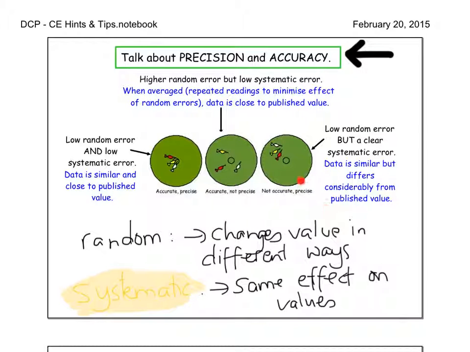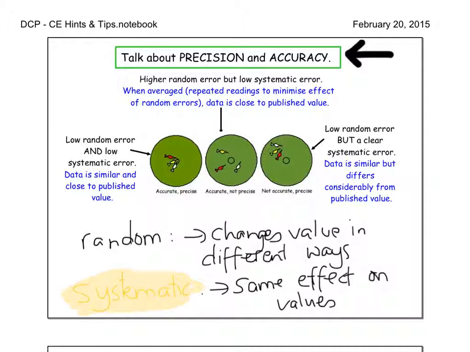The third one over on this side, we can see that the darts are close together, but they're not very close to the published value, which is in the middle. So these are precise. Precise means that your values are close to each other. You have carried out your experiment a number of times and your results agree with each other very well. But it's not very accurate because it's not close to the published value.